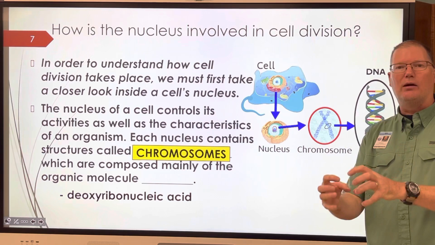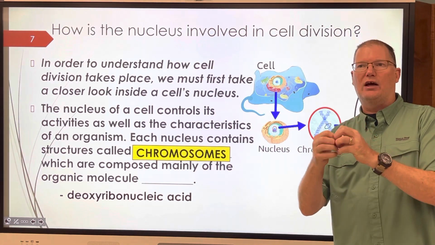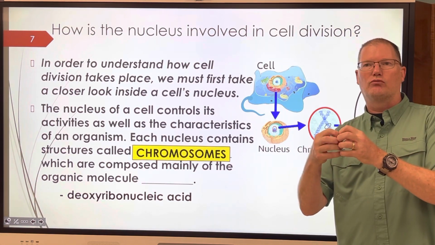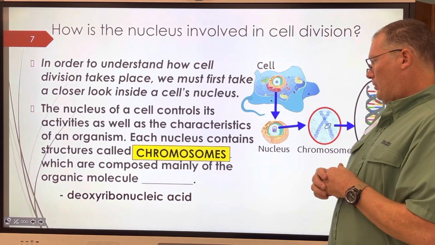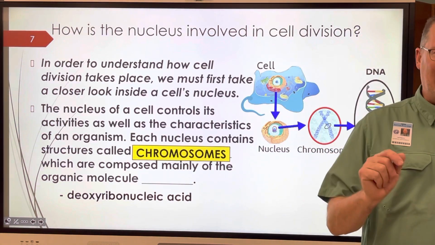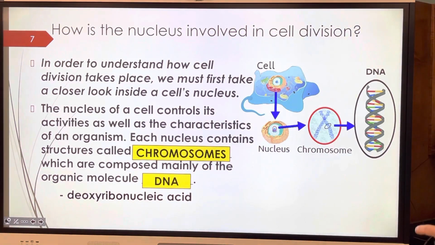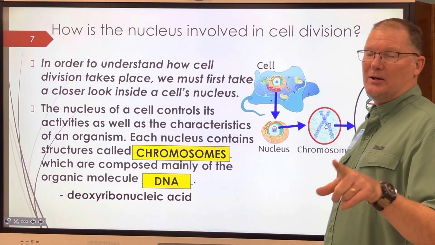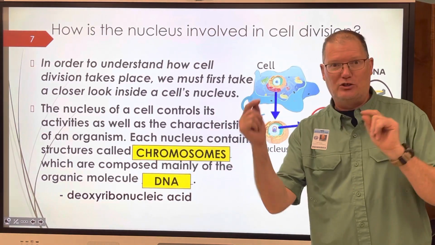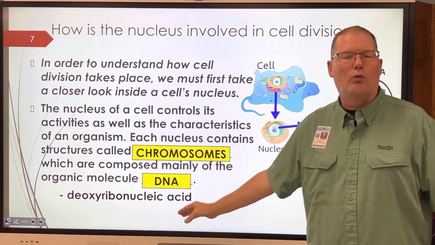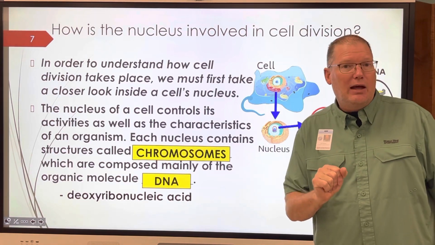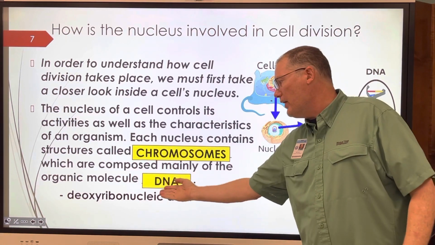You have to make doubles of everything so that you can have replication, like a photocopy, almost. And they're composed of DNA, deoxyribonucleic acid. I told you in the past that in the future, which is now, you had to know what DNA meant and how to spell it. So there it is.